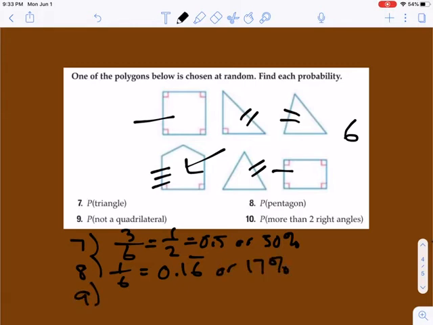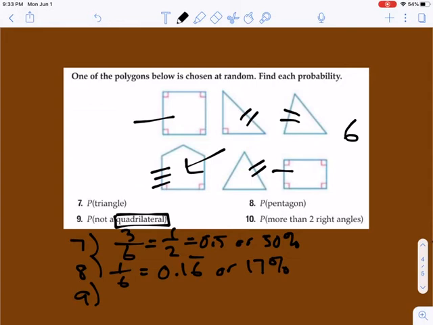Now this is where we talk about complements. It says probability of not a quadrilateral. Whenever you see not, what you should do is find out what is it for that thing. So let's find out what the probability of a quadrilateral is, and then not would be basically the balance of the rest of the set.